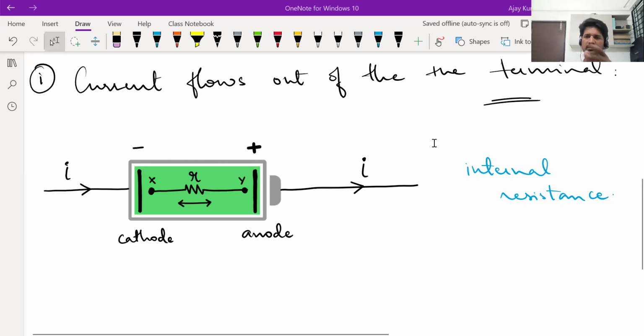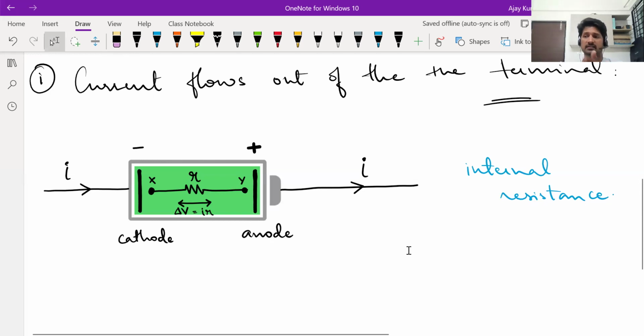Current is I, resistance is r. I into r, Ir. Okay, there will be a potential difference of Ir across that internal resistance.